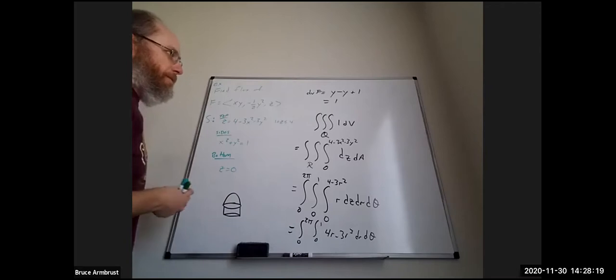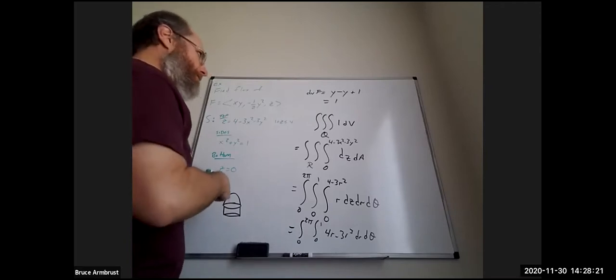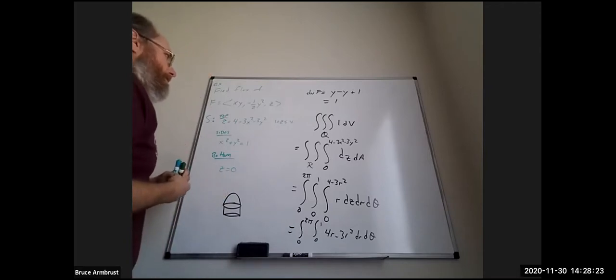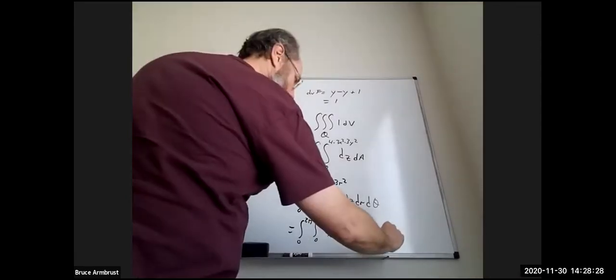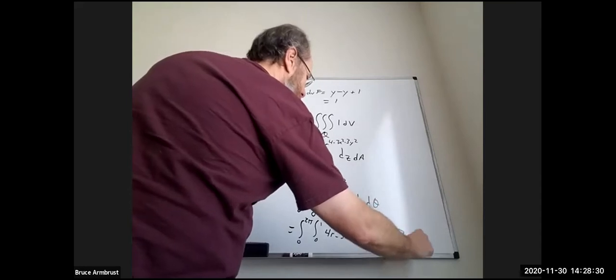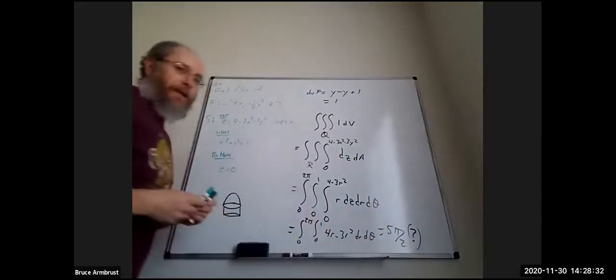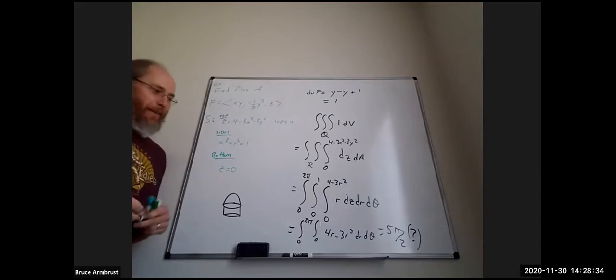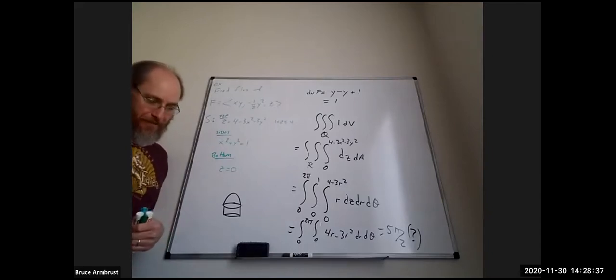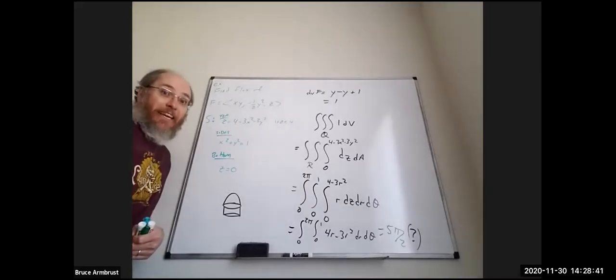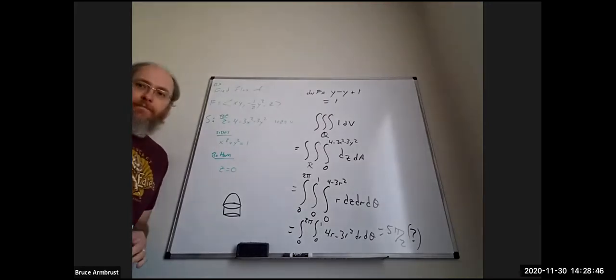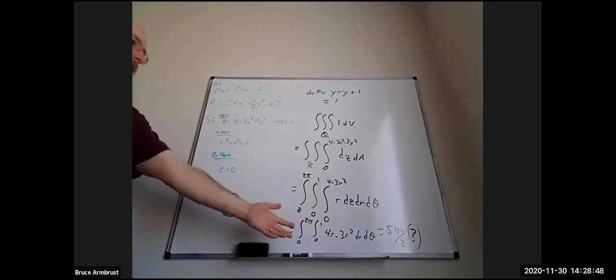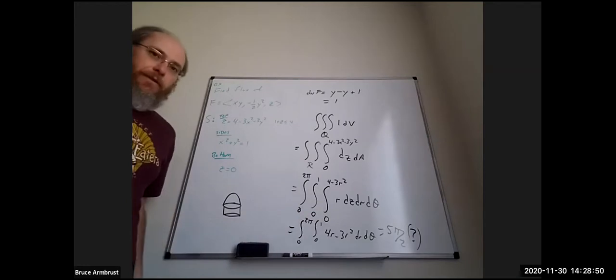So 2 minus 3/4 is 5/4 times 2 pi, I believe, is going to be 5 pi over 2. I'm going to put a question mark on that because I really don't trust that, but yeah, I think. All right, but there you go. There is the flux over the surface.